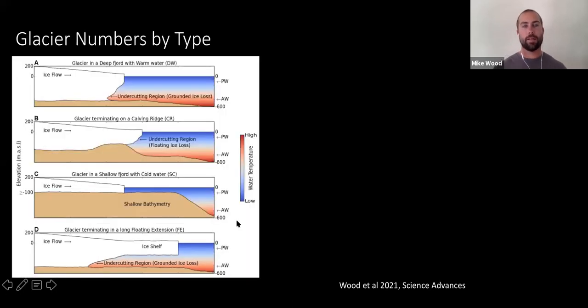So if we put this all together, we formulate these different classes of glaciers, and we try to see which glaciers fit into which class, to get at this bigger question of: is the ocean having a big impact on ice loss from Greenland?